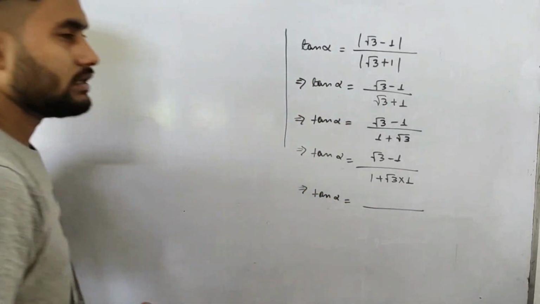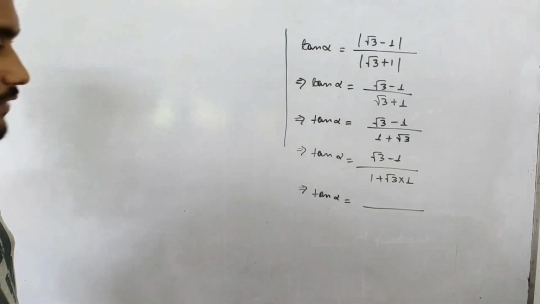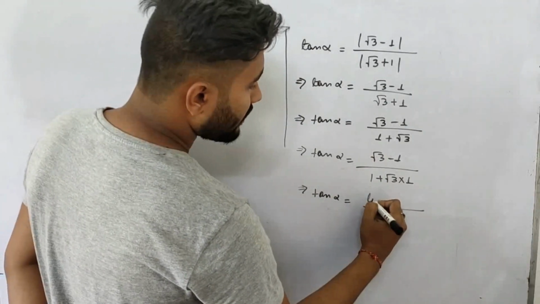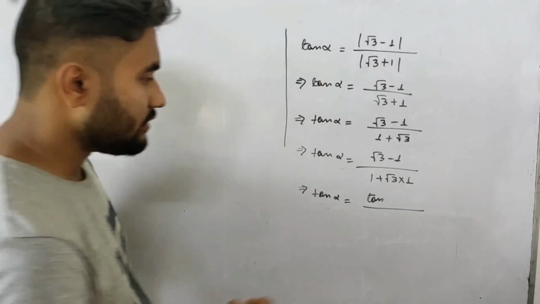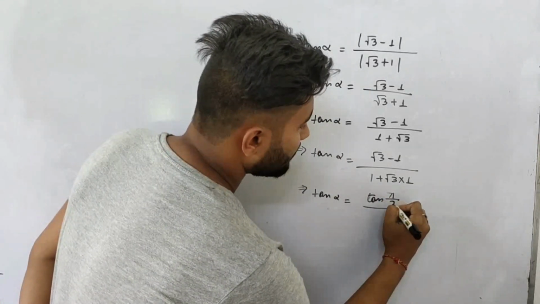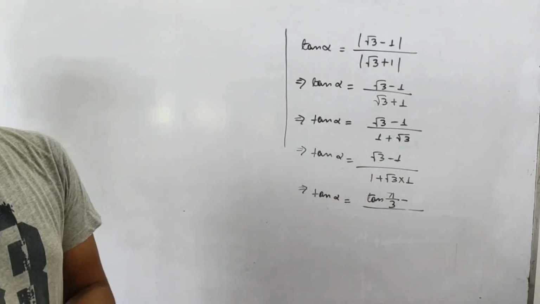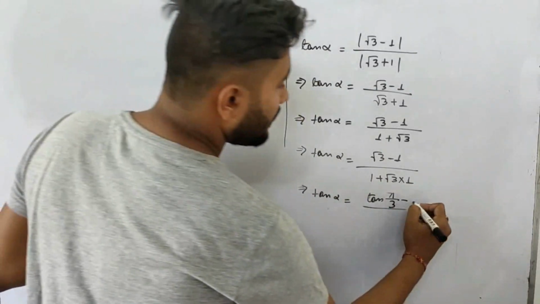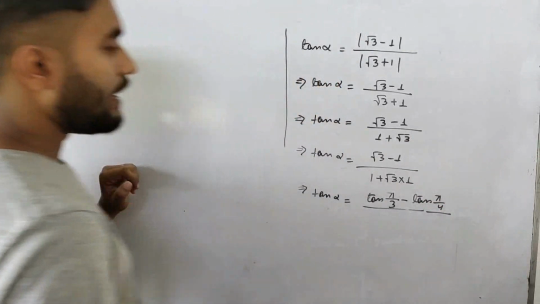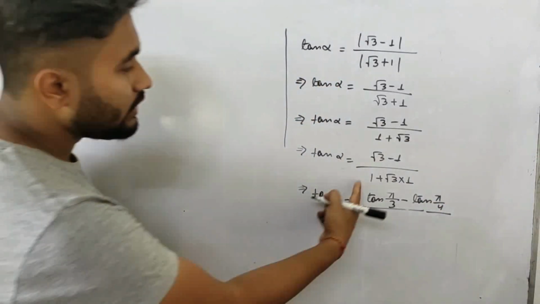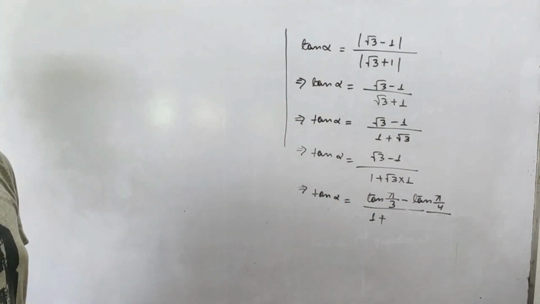So now you see, tan alpha will be equal to root 3. I can write tan of 60 degrees; tan 60 degrees is root 3. What is 60 degrees in terms of radians? It is pi by 3, that is tan of pi by 3, minus, what is 1? It is tan 45 degrees, in radians tan of pi by 4. 1 will remain as 1 only, because we are trying to match this with the formula of tan (a minus b).